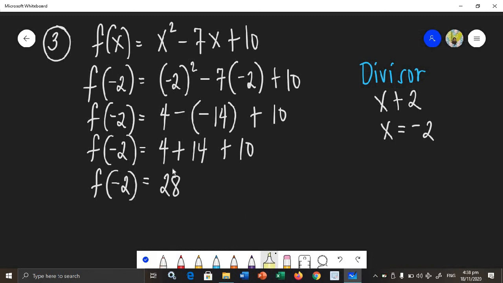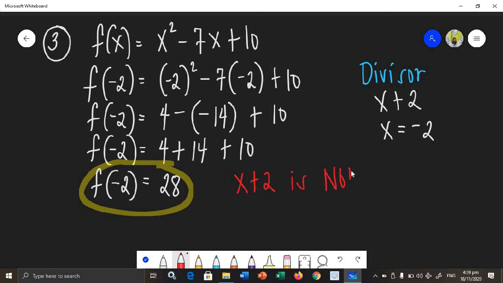So, in this case, the remainder of the given is not 0. So, therefore, we can conclude that x plus 2 is not a factor of the given polynomial of x squared minus 7x plus 10.